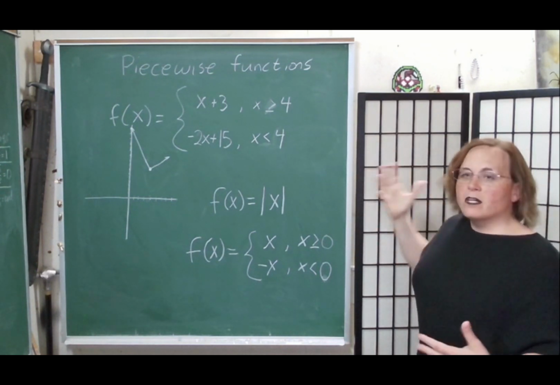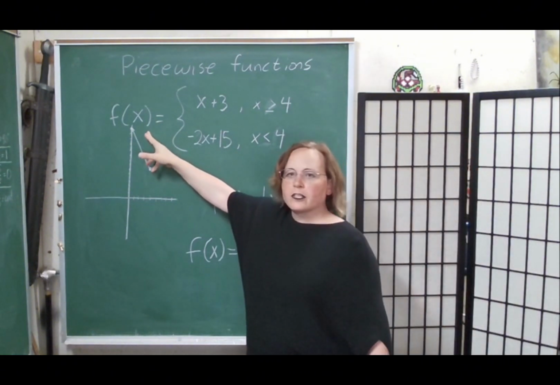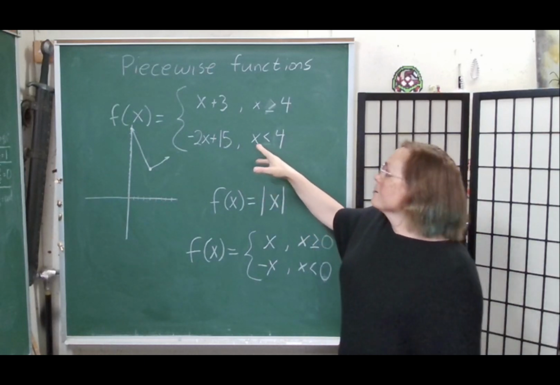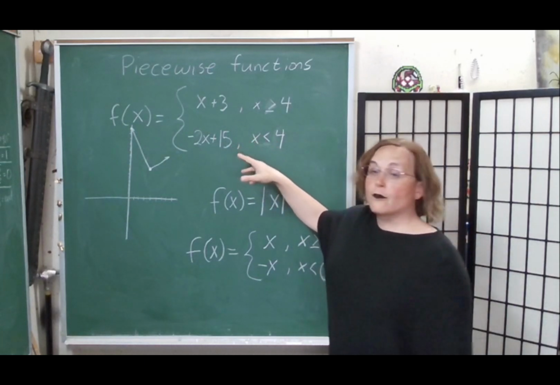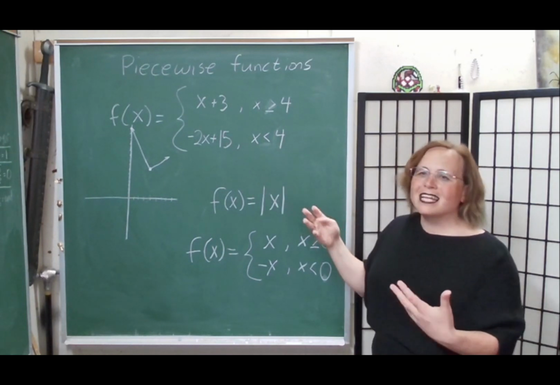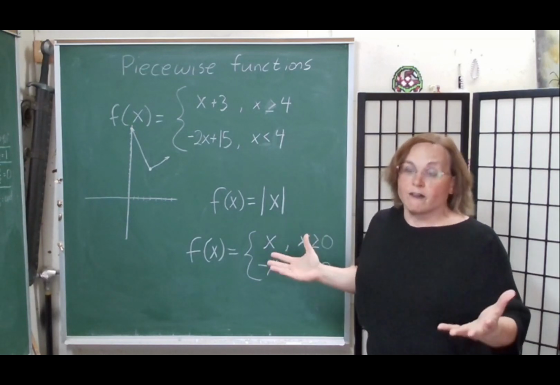Now, piecewise functions are simply when we have a single function that across its domain is defined by multiple other functions. Here I've defined it by 2 functions, but it can be defined by 3, 4, 5, 6, whatever.